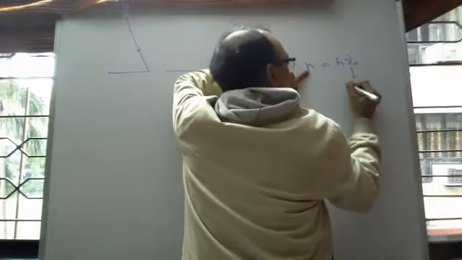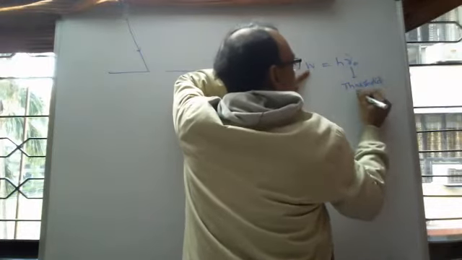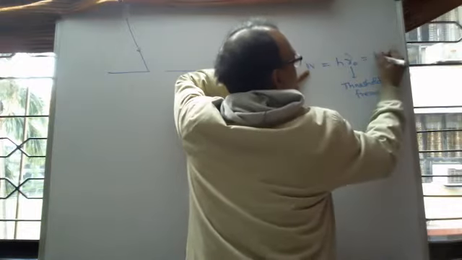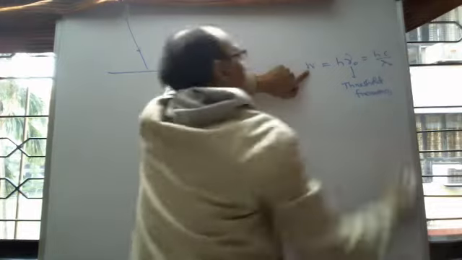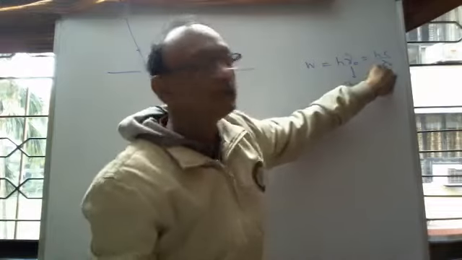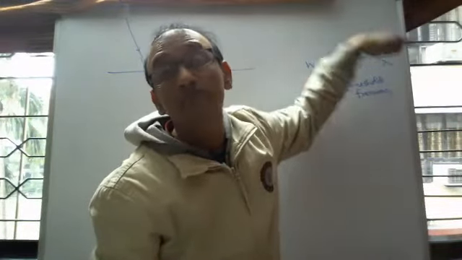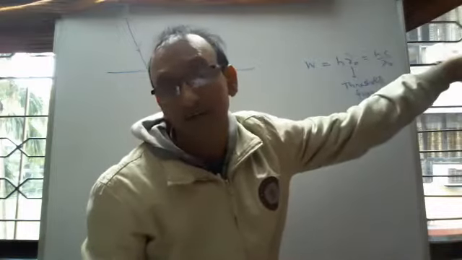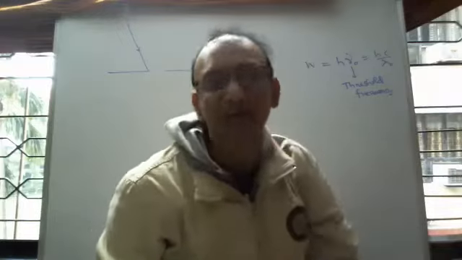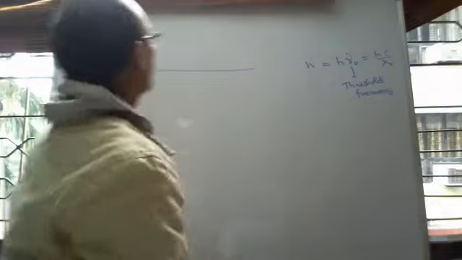Nu naught is the threshold frequency. This is hc by lambda naught. Lambda naught is the threshold wavelength. Frequency should be greater than nu naught, and actual wavelength should be less than lambda naught, so that there is perceivable photoelectric effect, so that there is perceivable liberation of electrons. There is a possibility of liberation, but still no guarantee of liberation of electrons.